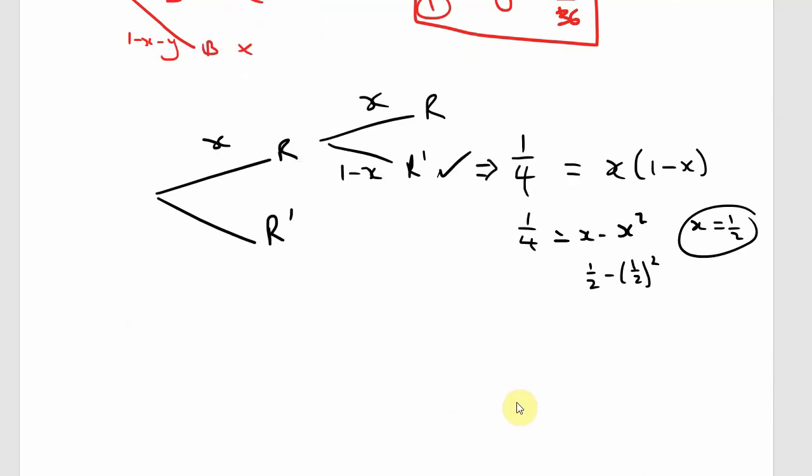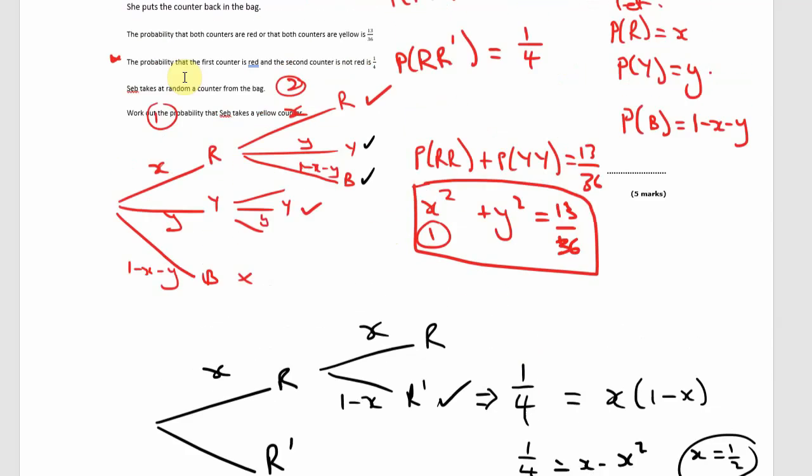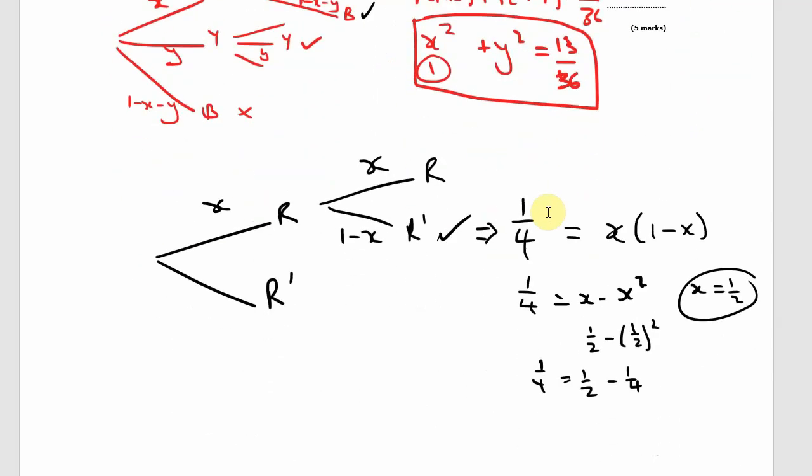I'll rewrite that. So now we know x is a half. We've got that from our second one. We're going to substitute it back into equation 1. So again, it's a bit like simultaneous equations, isn't it? You solve one and you use it to solve the other.